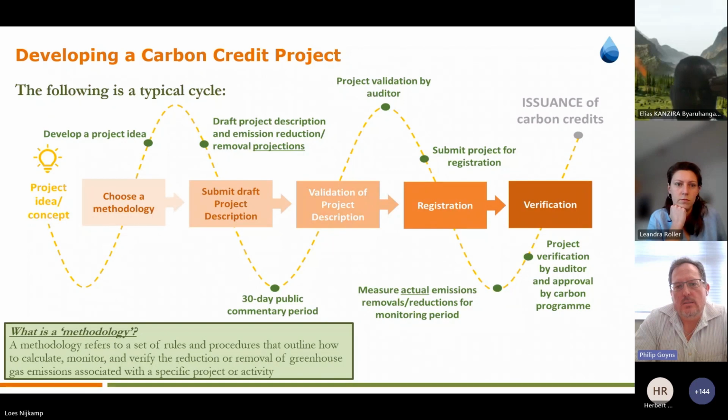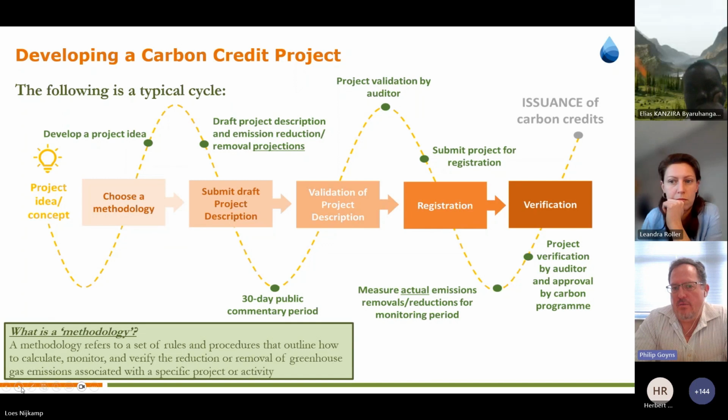This slide provides the overall process in the generation of carbon credits. It starts off by having your project idea and evaluating whether that project is viable. One then needs to choose a standard and a methodology for the proving of those emission reductions.